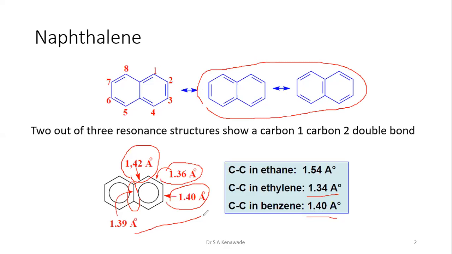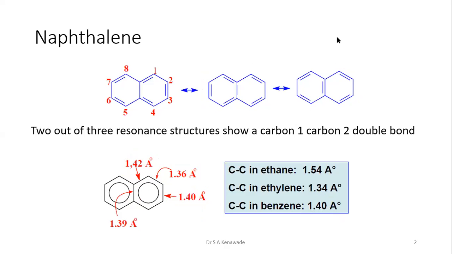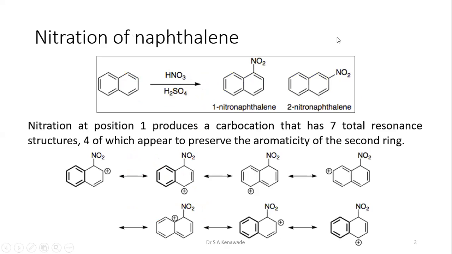Then you can see the first example, nitration of naphthalene. This is your naphthalene. The reagent required for nitration is the nitrating mixture, that is nitric acid plus sulfuric acid.